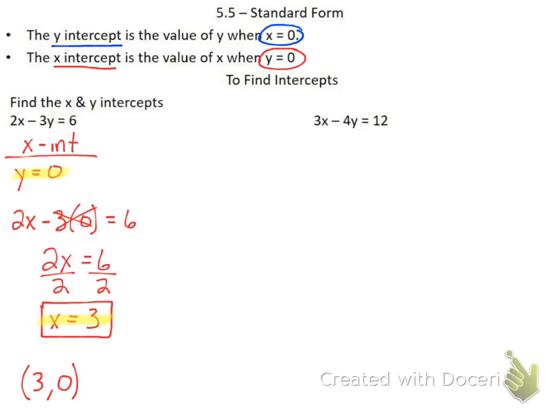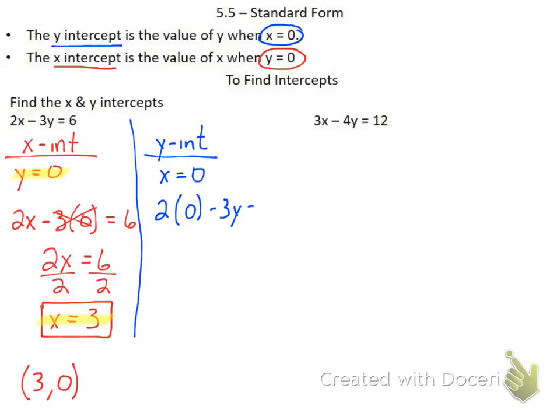Do the same thing to find my y-intercept. To find my y-intercept, I'm going to make x equal to 0. Same thing, I'm going to plug in a 0 for x, so 2 times 0 minus 3y is equal to 6. 2 times 0 gives me nothing left, so I have negative 3y is equal to 6.